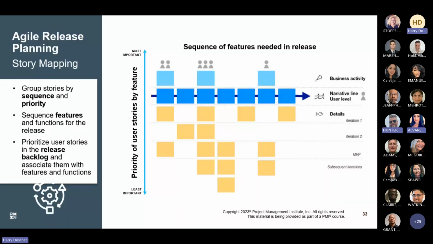Story mapping is a concept that shows what stories can be completed in which iteration.